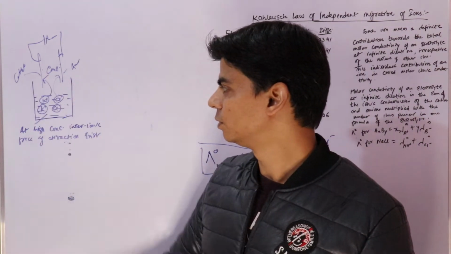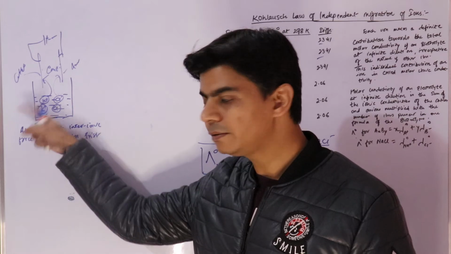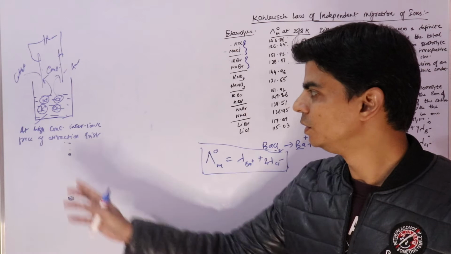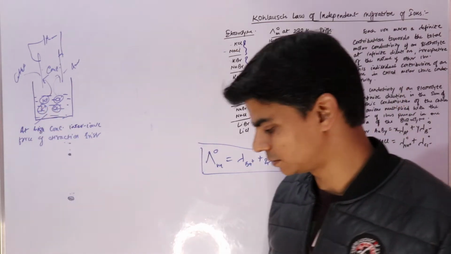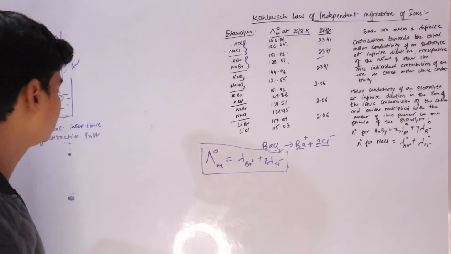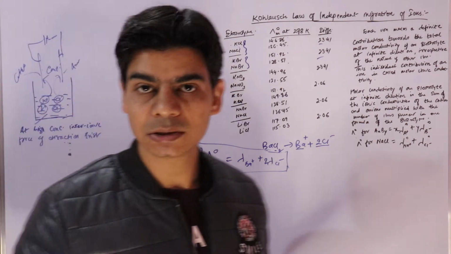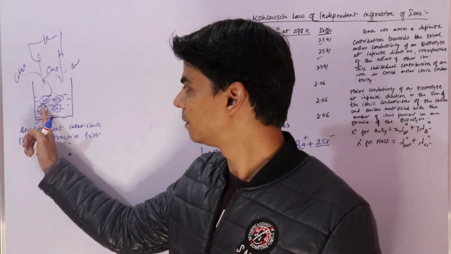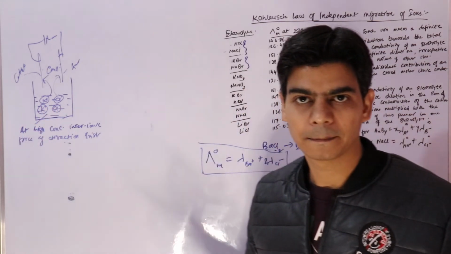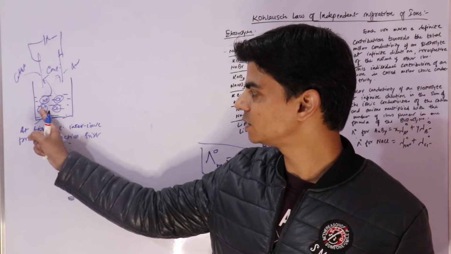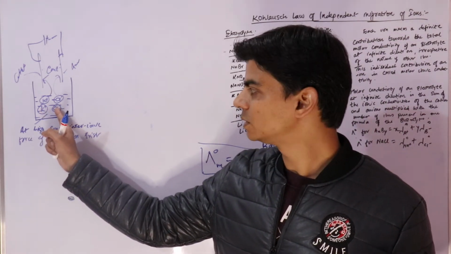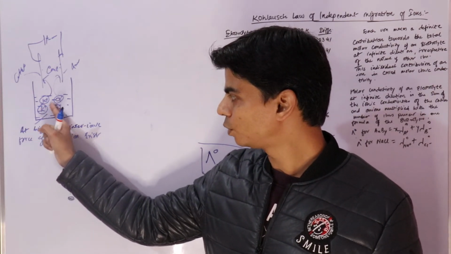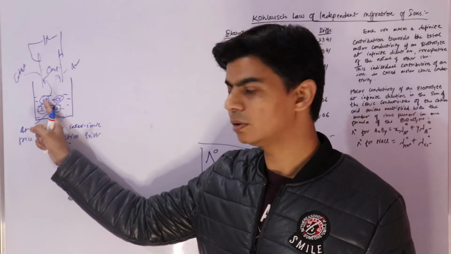But in concentrated solutions their motion is retarded due to the interionic force of attraction. That means since the interionic force of attraction exists, their motion is not independent of one another. The motion of the potassium ion depends on the chloride ions, because the chloride ion is experiencing a force from the potassium ion. Similarly, the chloride ion is experiencing a force from the potassium ion.